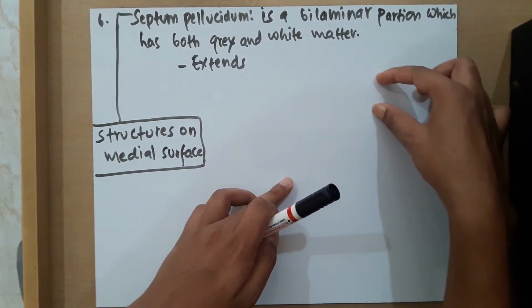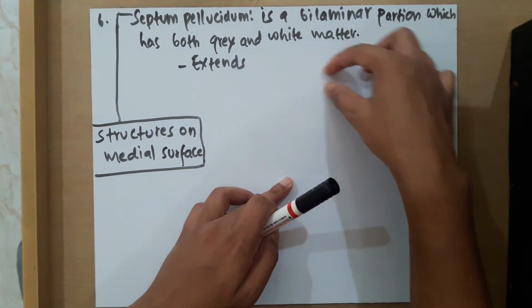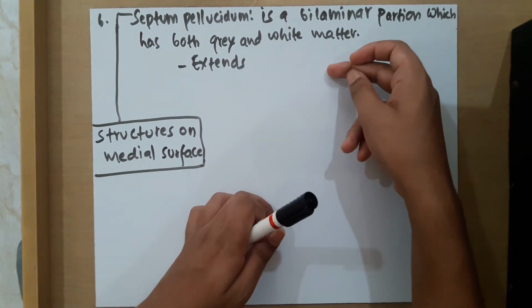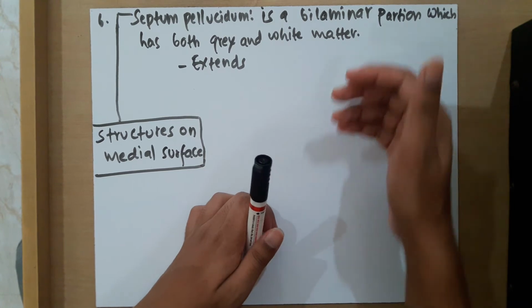If it is present in between the corpus callosum and the fornix, it must extend from the under surface of the corpus callosum up to the upper part of the fornix.